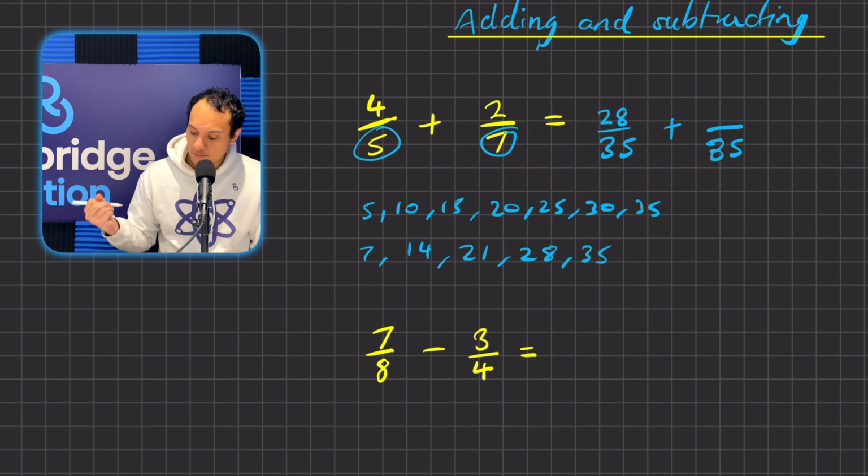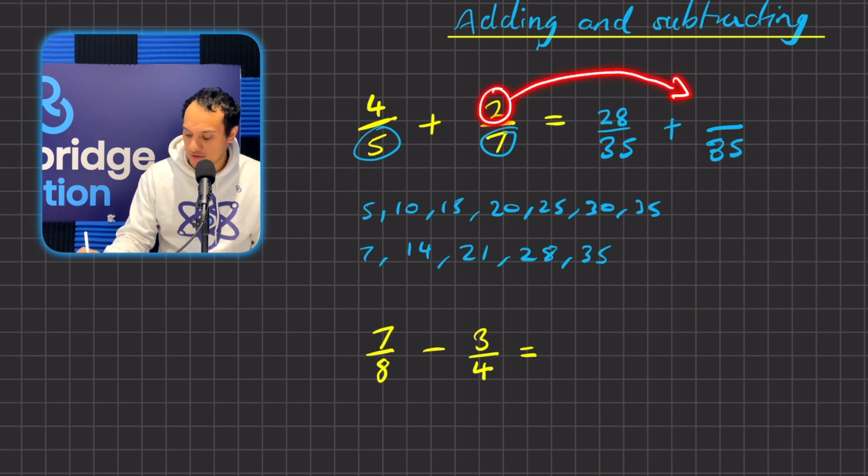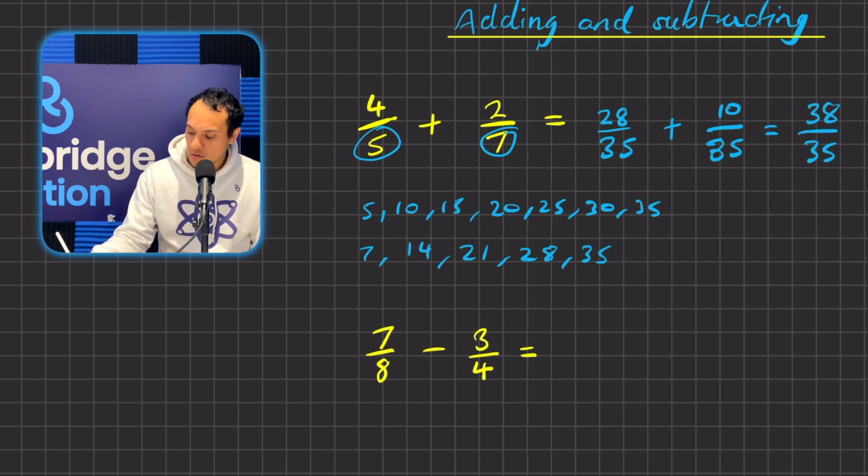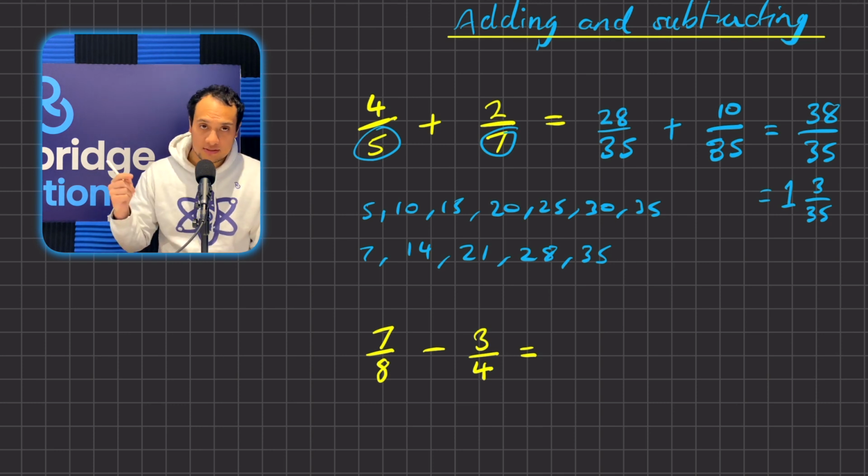Well, I've got to times by 5. So that must mean that I times this by 5 too. So 2 times 5 is 10. Therefore, our new fractions are 28 over 35 and 10 over 35. If we add the tops, we get 38 over 35. Or 1 and 3/35. Okay, so that's our first addition.